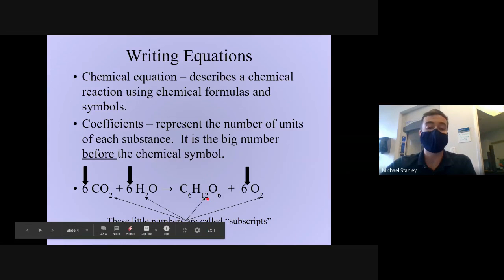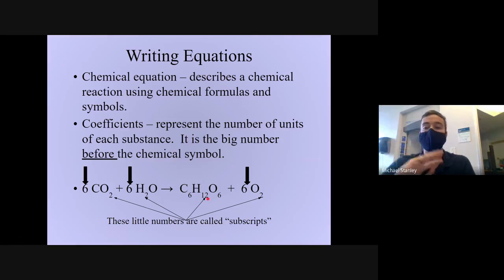But these little subscripts down here are permanent. We cannot touch them at all. It's not allowed. So the subscripts are permanent, set in stone, but the coefficients are changeable.